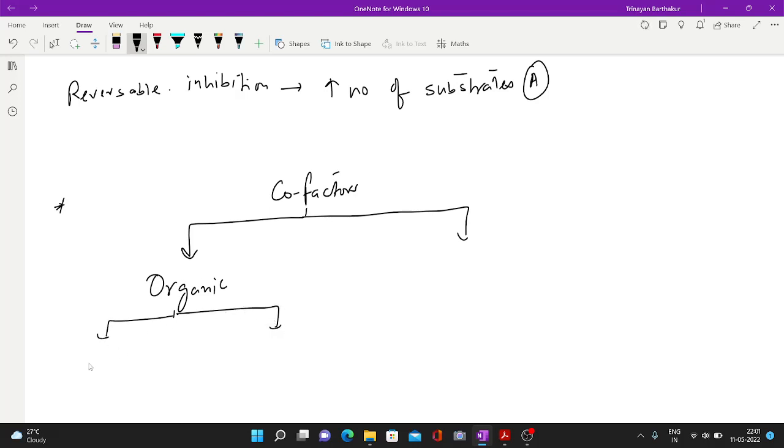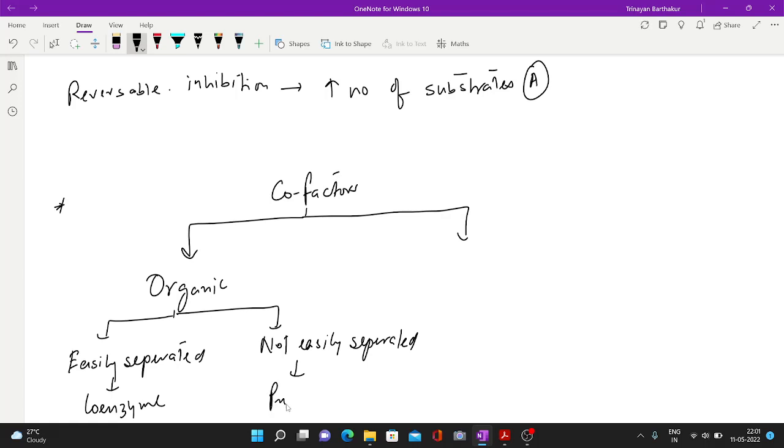If the organic cofactor is easily separated, then it is known as a coenzyme. If the organic cofactor is not easily separated, then it is known as a prosthetic group.